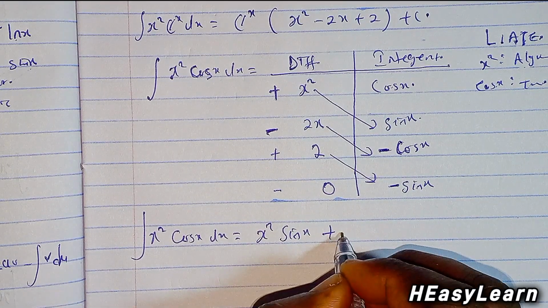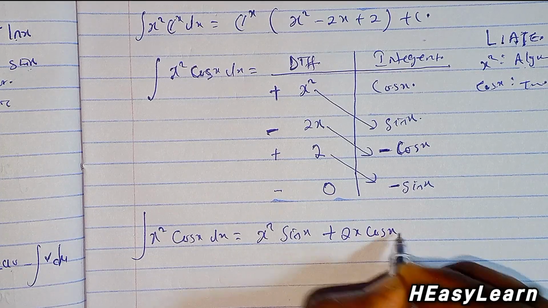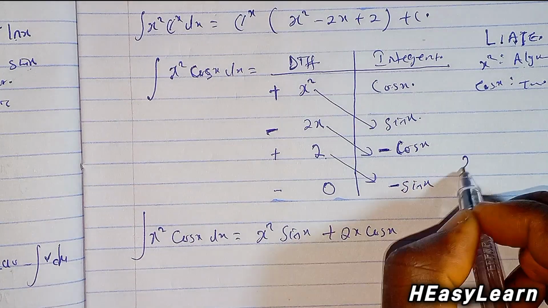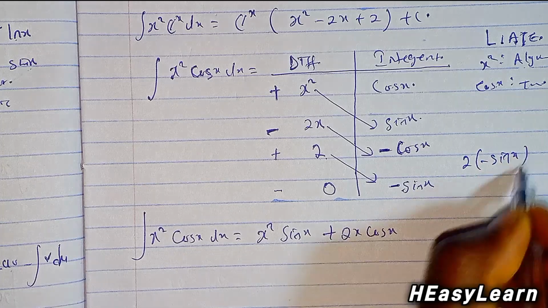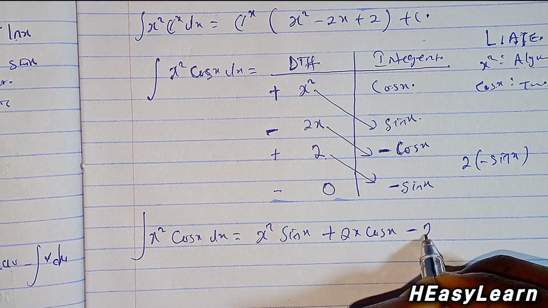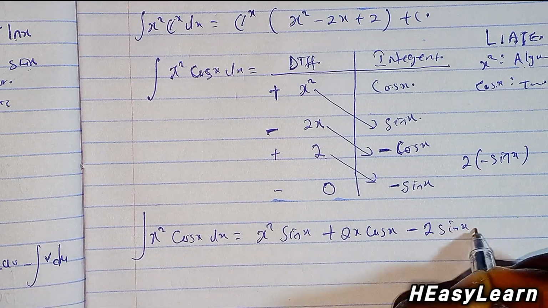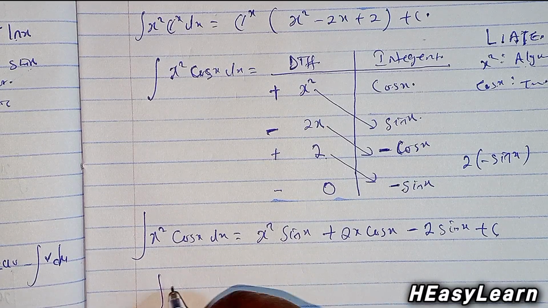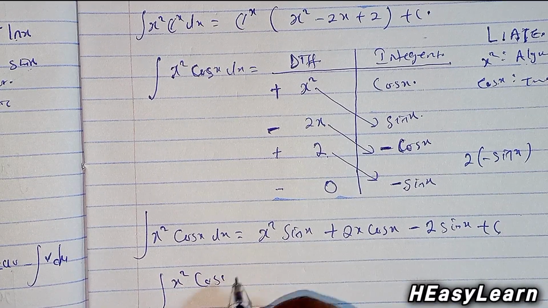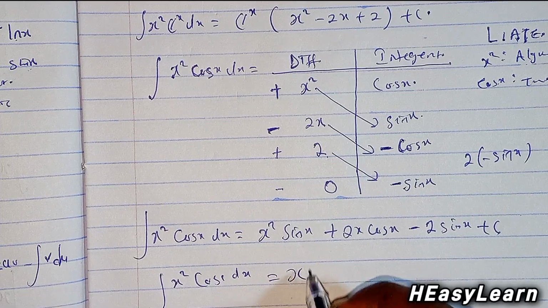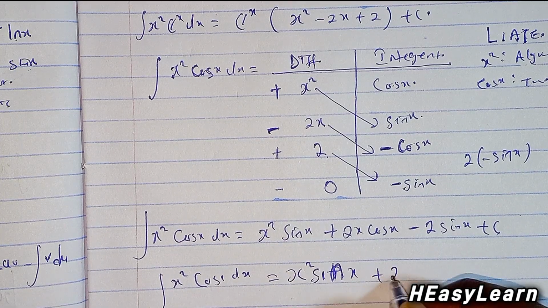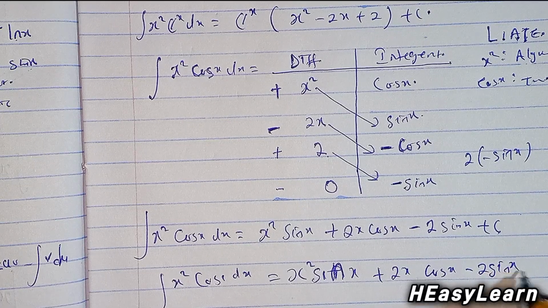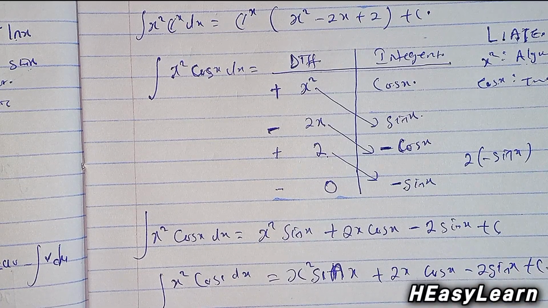You are going to have plus 2x cos x, plus 2 multiplied by minus sin x, which is minus 2 sin x, plus the constant of integration. So the integral of x squared cos x dx equals x squared sin x plus 2x cos x minus 2 sin x plus c.